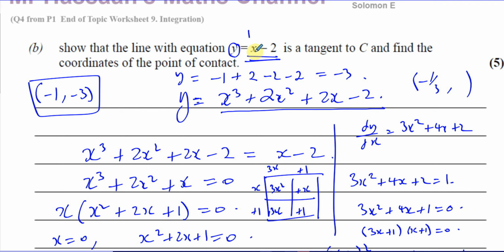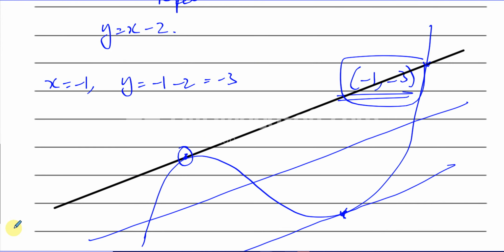You find that out later, right? No, you don't. You substitute the x value that you found into this curve, and it gave you y equals minus 3. And the point x equals minus 1, y equals minus 3 is also on this line. They're both on this line and on this curve. So that means that's this point over here.